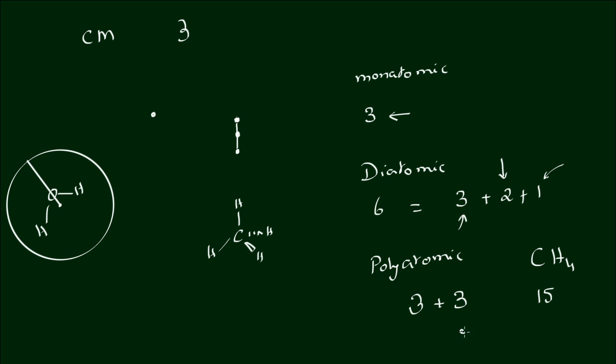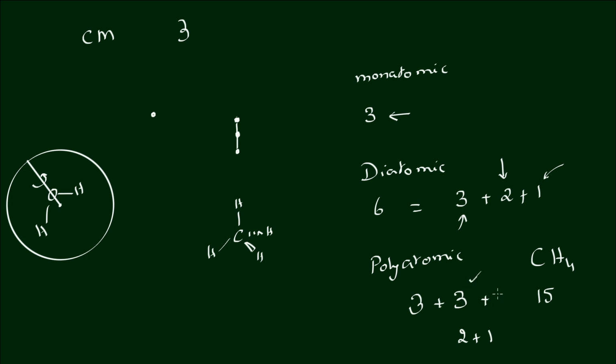That means I need 2 numbers for this. But notice one important thing, it can also rotate about this axis. So there is 2 plus 1, so there are 3 rotational degrees of freedom.